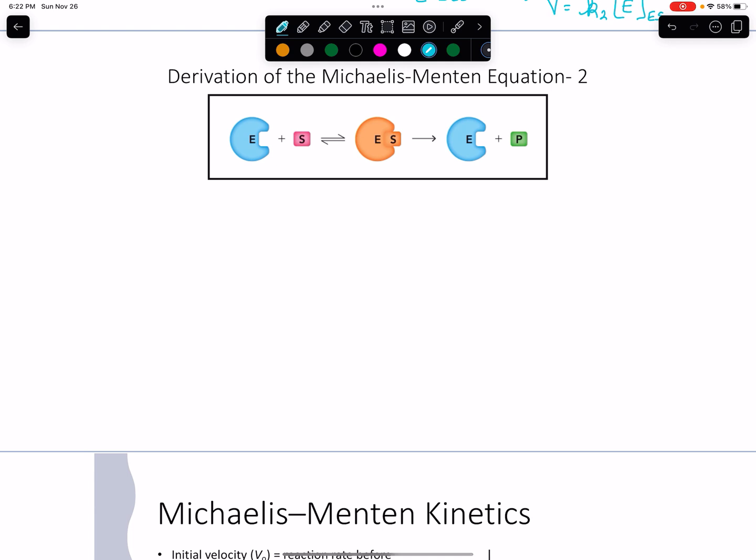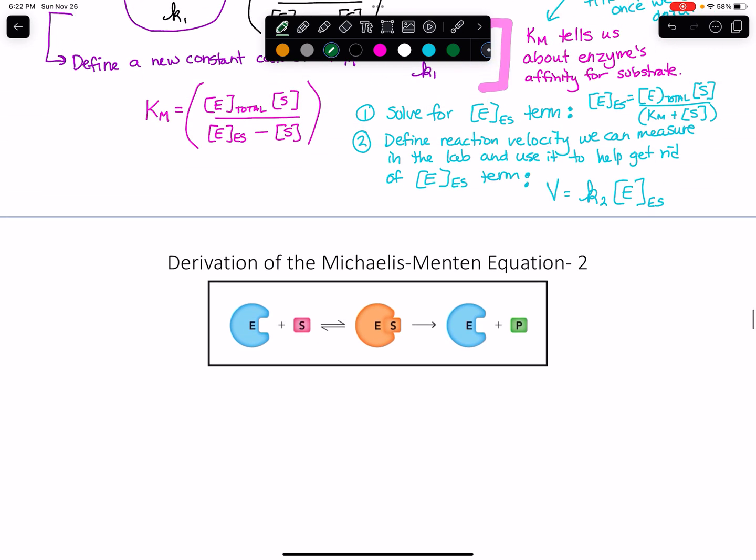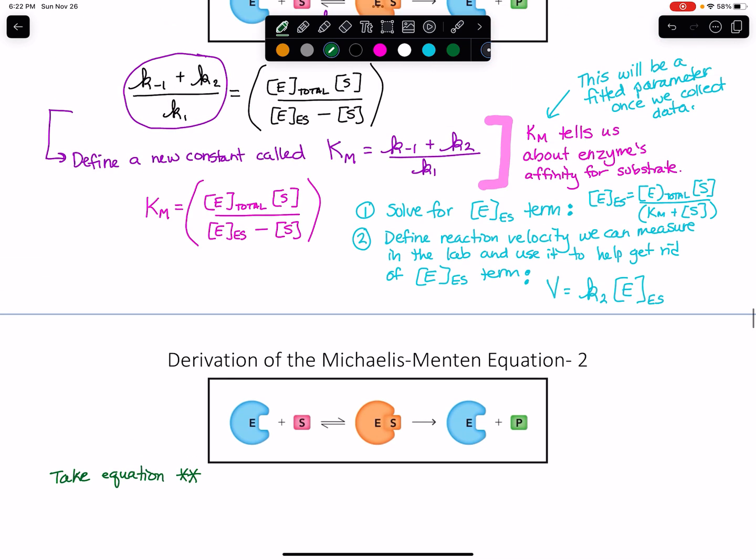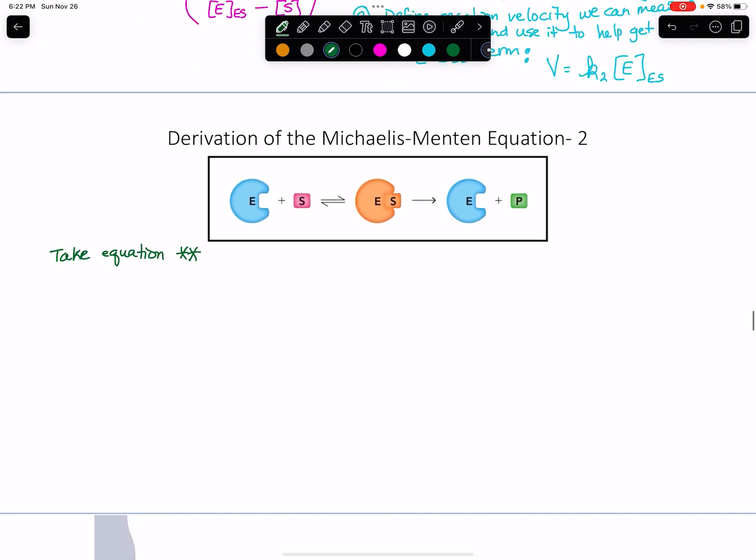All right, so our next step is to take this, and I'm going to call this equation star, and multiply both sides, so we're not changing anything, by K2, and what do we get?